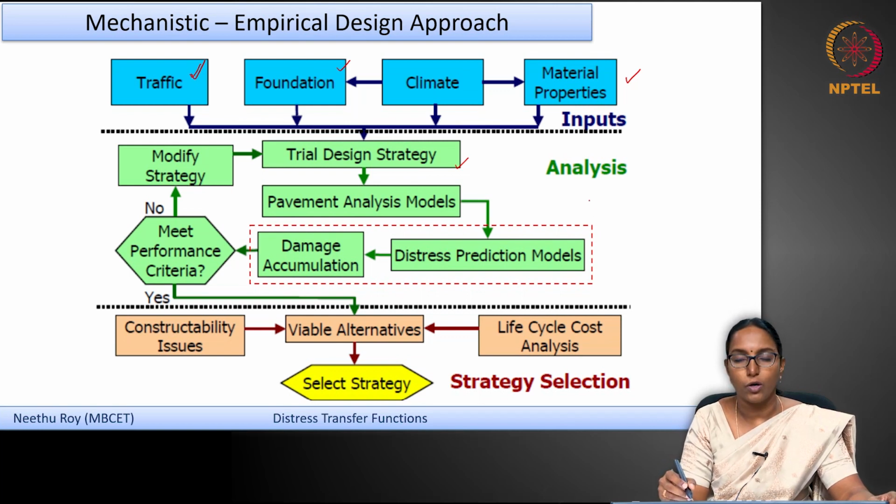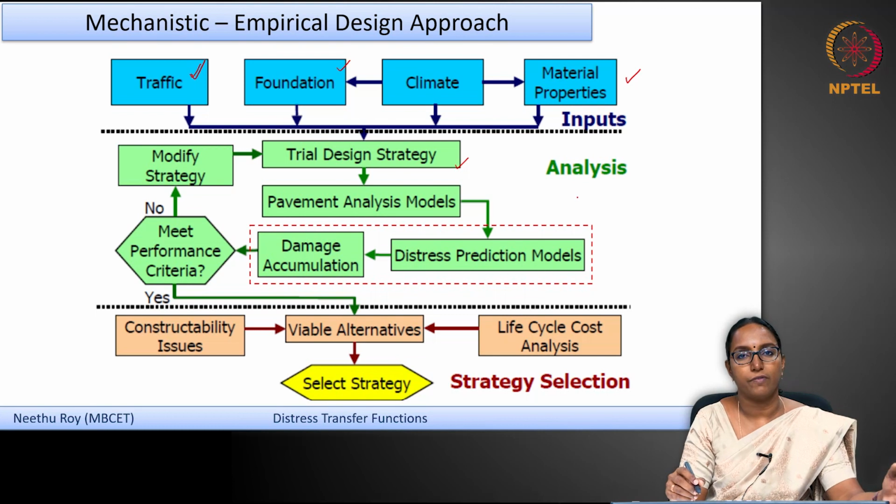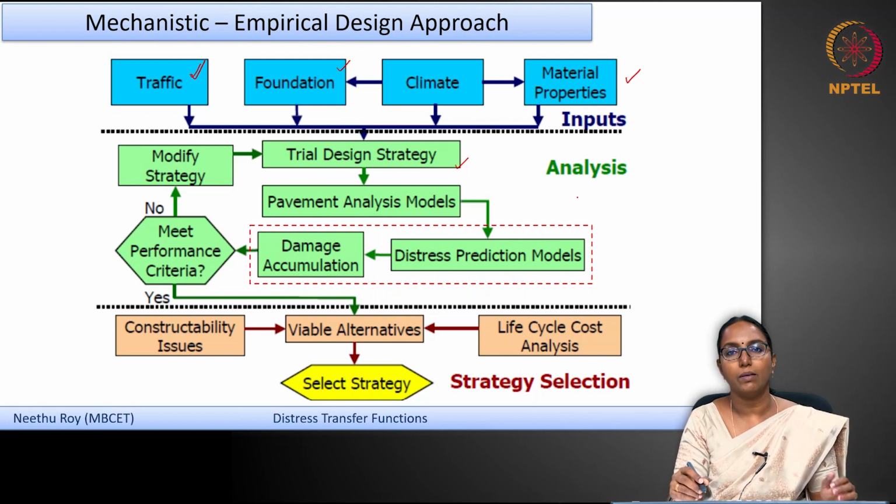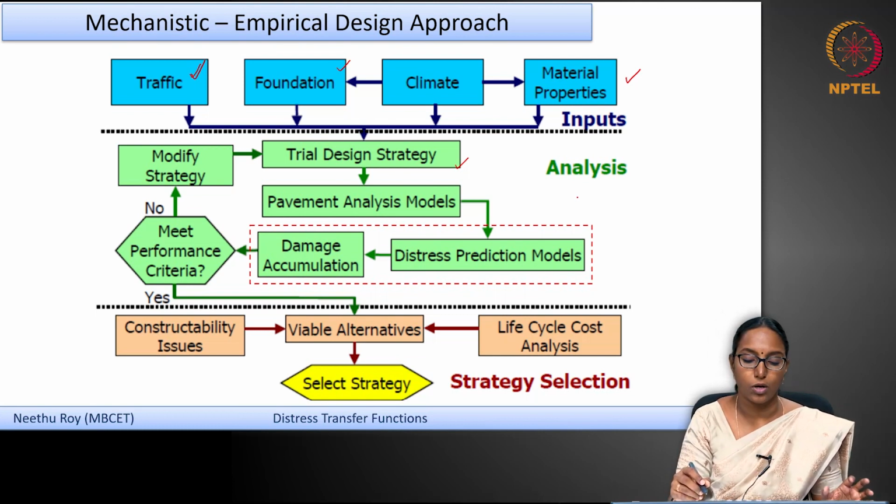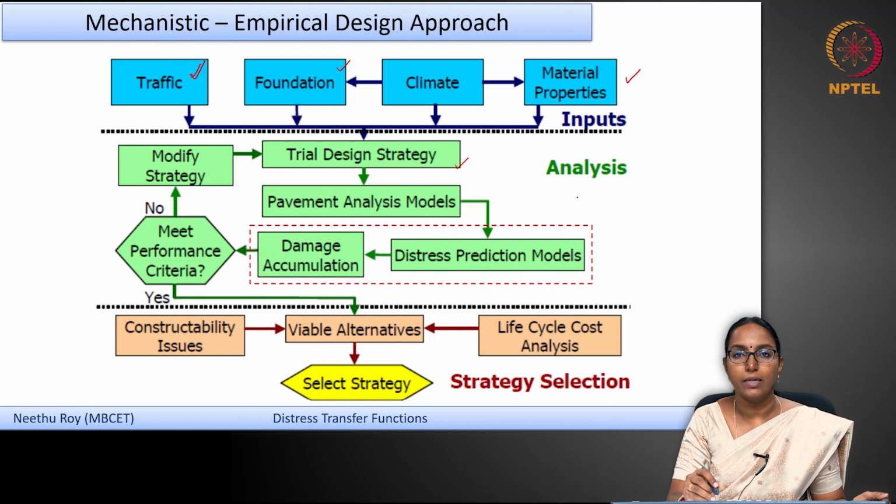So for that you need some distress prediction models. From those models, you should be able to find out what distresses are being developed and how the damage accumulates in the pavement structure over the design period. For the design period of say n years that you have considered, you check whether the accumulated damage is well within the acceptable limits, or whether the performance criteria is met or not.